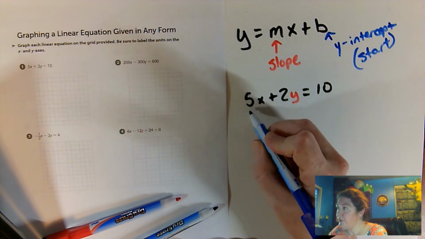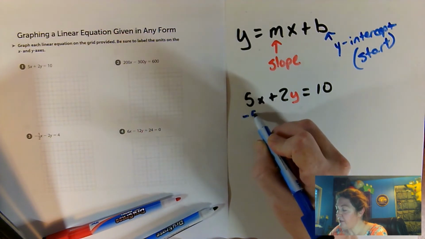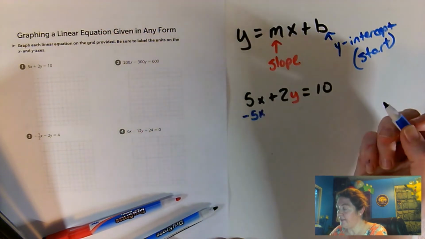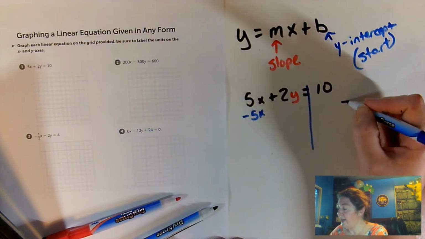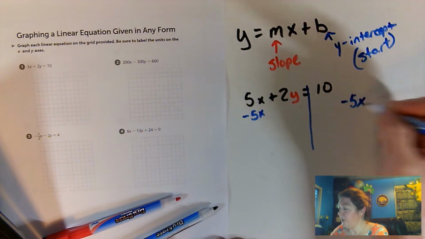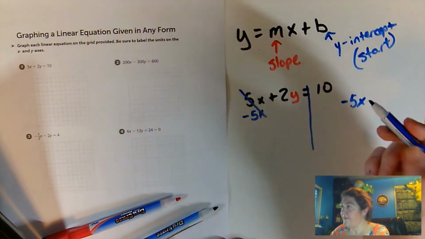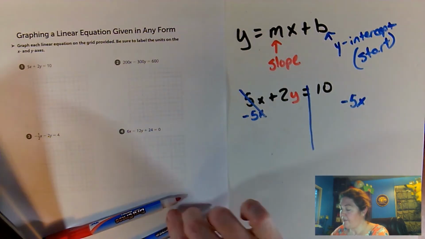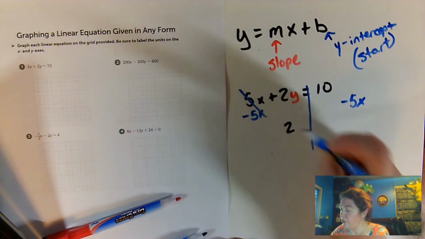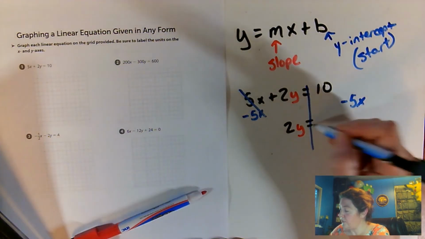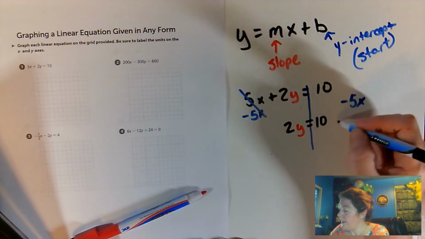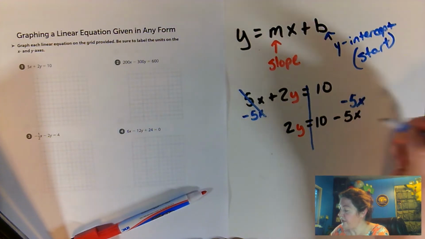To undo a positive 5x, I'm going to say negative 5x. What I do to one side, I have to do to the other. So my 5x's go away. I'm left with 2y equals 10 minus 5x.